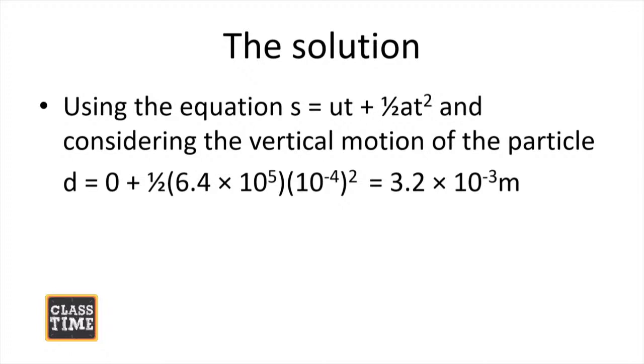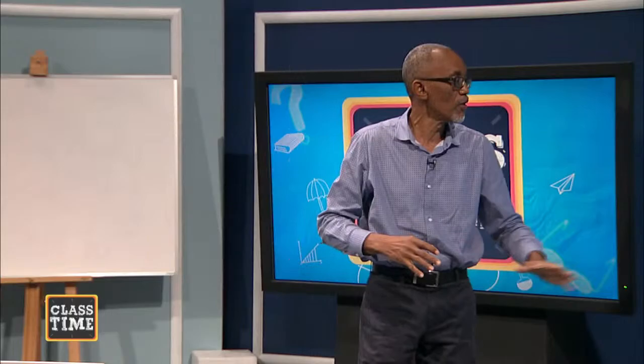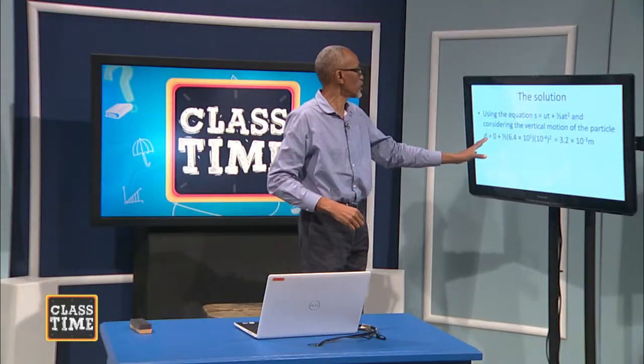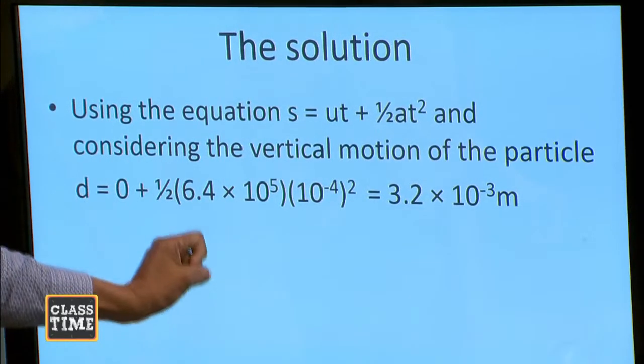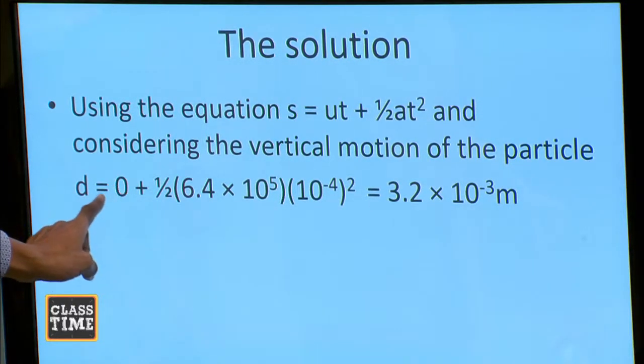When it enters the field, it has no vertical component of velocity, so the initial vertical velocity is 0.